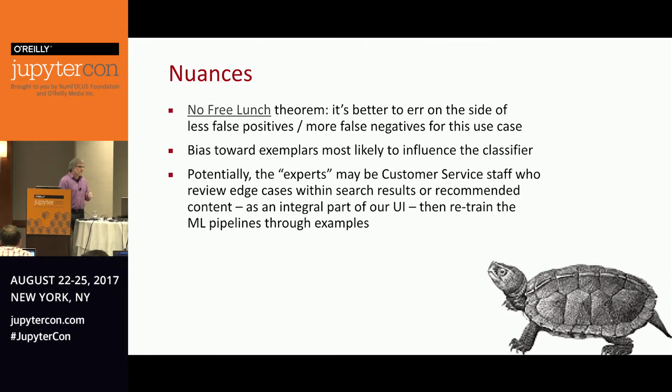If we miss recall, if we miss showing absolutely everything that would possibly be good to show, and instead show a lot of things that are good to show, it's still going to overwhelm what people can look at within a search page. Now, in terms of active learning, that's a policy that's typically called bias toward exemplars most likely to influence a classifier. So we're trying to select for things that are going to help the classifier more.